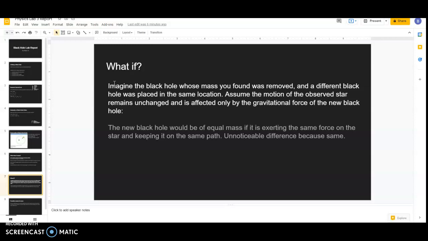As such, all of the things used to calculate the mass of the black hole stay the same, and so there's an unnoticeable difference because they're functionally the same. The mass is the same. And so it's impossible to find a mass for the new black hole that differs from the mass of the old black hole because of this.